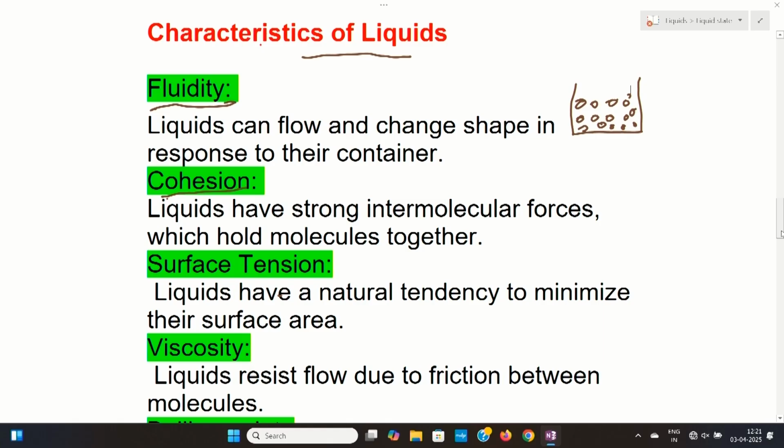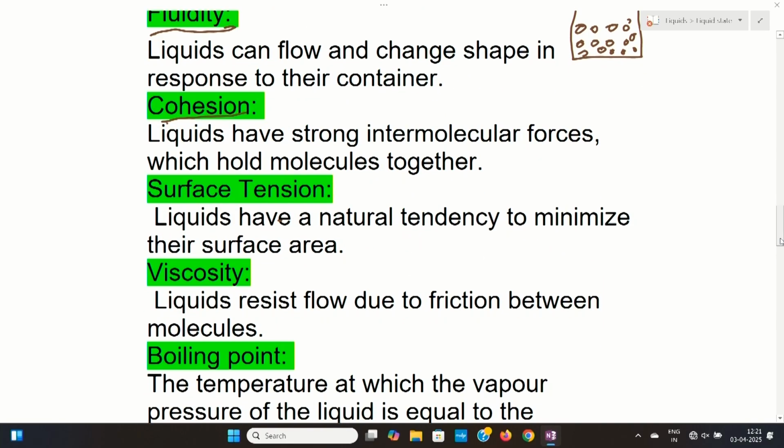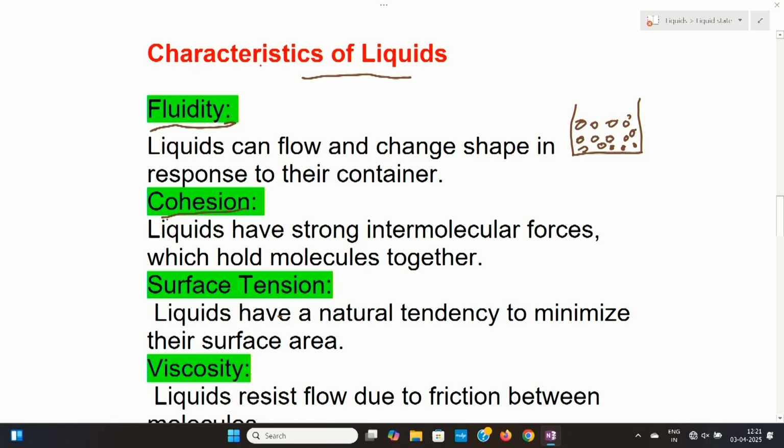Next is surface tension. Here, if we look into the molecular arrangement of liquids, the molecules are arranged like this, and if we consider this molecule, it has an attraction from all the sides. But if you look into the surface molecule, this molecule has an attraction from this side only.